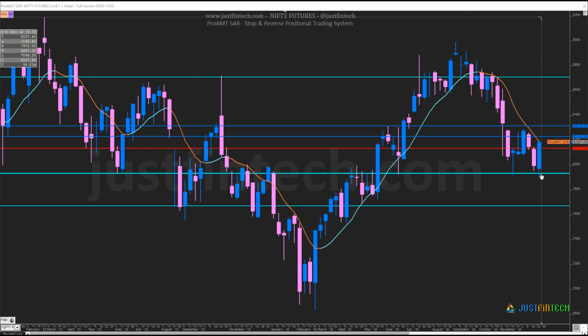Once it starts accepting within, the chances are very high that it will push through in one go, because either it will get stuck and start rotating into this and build value again, do the same behavior, or what it will do is, once it accepts here for a while, create a minor balance by trading within a very narrow range, and then finally break down and push through this entire balance in one go.